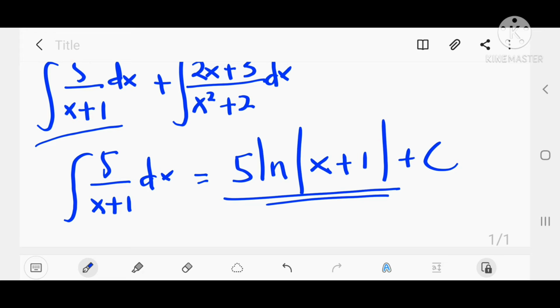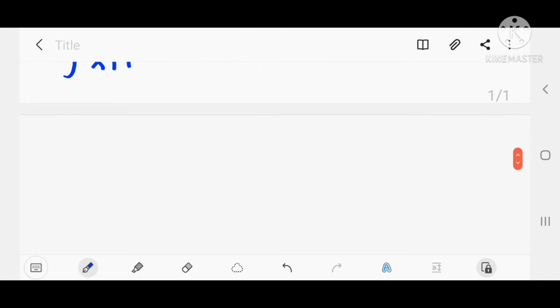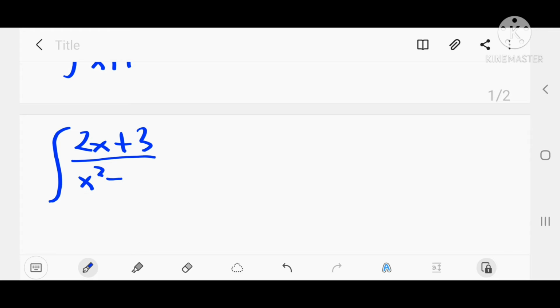We also integrate the second term, the integral of 2x plus 3 on x squared plus 2 dx. We can break it down into separated terms of the numerator.